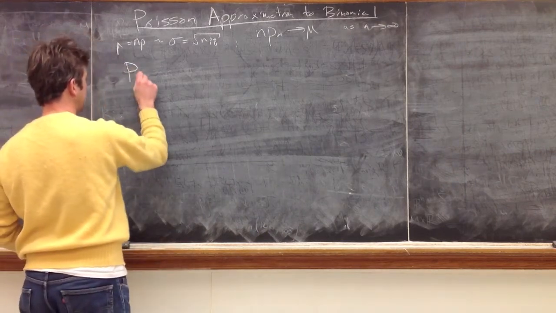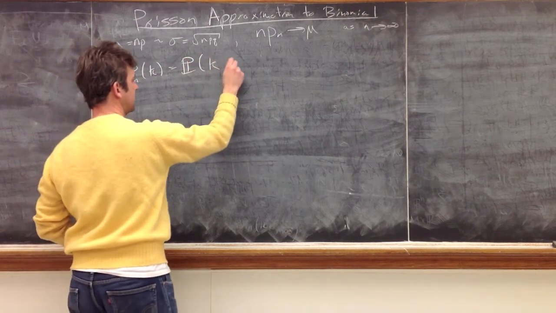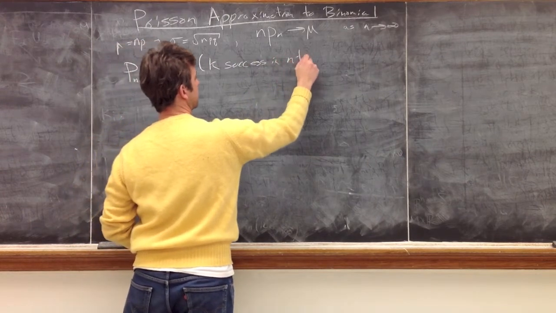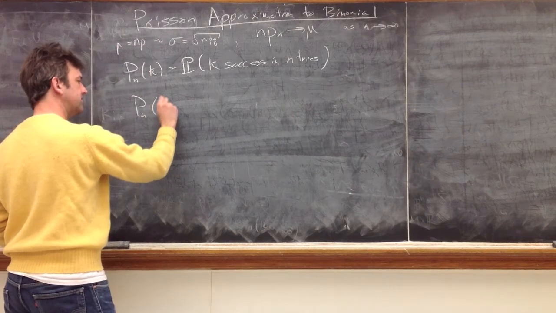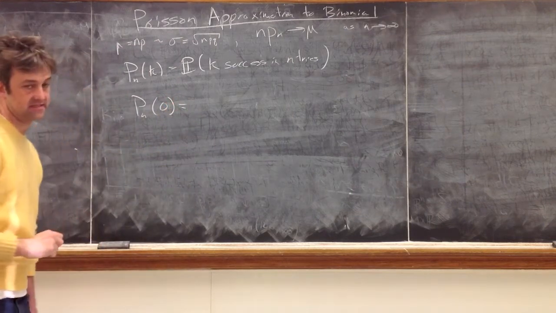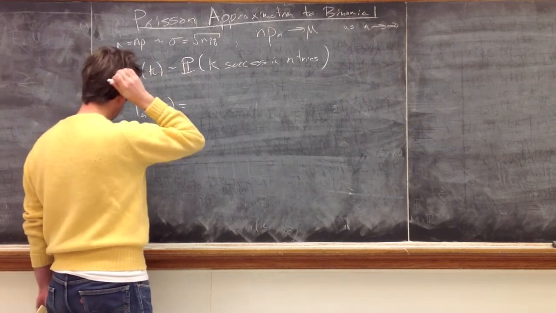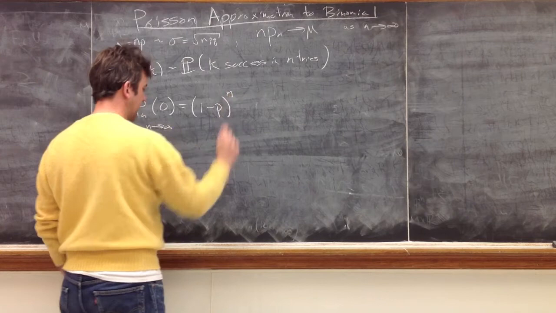So if we define p_n of k to be the probability of k successes in n tries, let's think about what happens to p_n of 0, the probability of getting no successes as n grows. Well, that's just q to the n, so 1 minus p to the n.